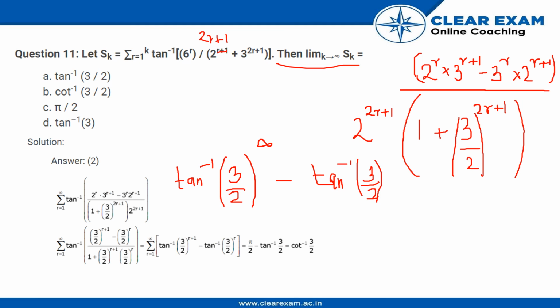We know tan inverse of anything that is infinity will become tan inverse of infinity, and we know tan of pi by 2 is infinity, so this term becomes pi by 2. And we know pi by 2 minus tan inverse of 3 by 2 is cot inverse of 3 by 2, which is option B. Thank you.